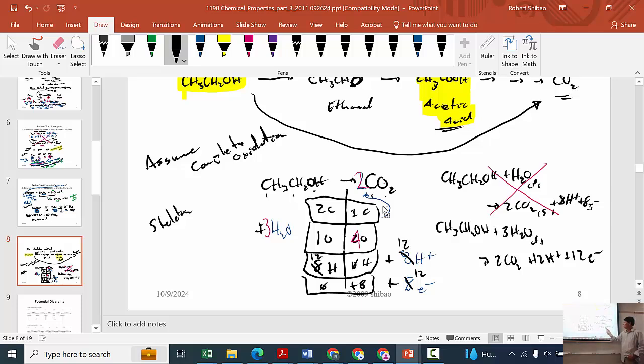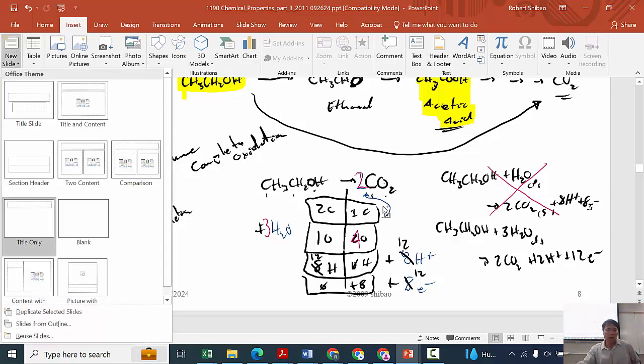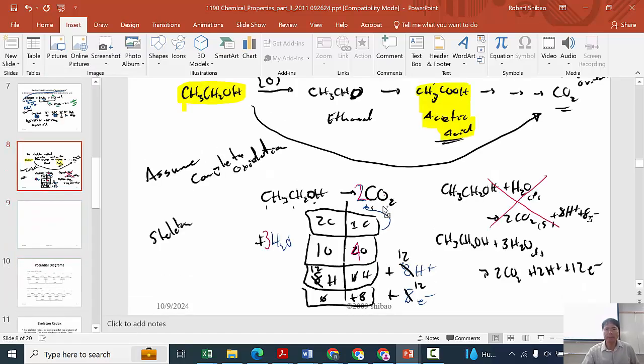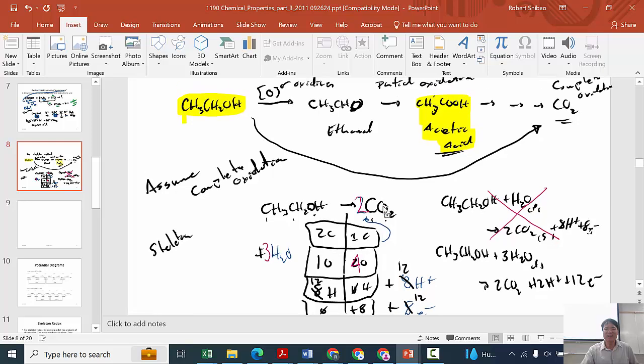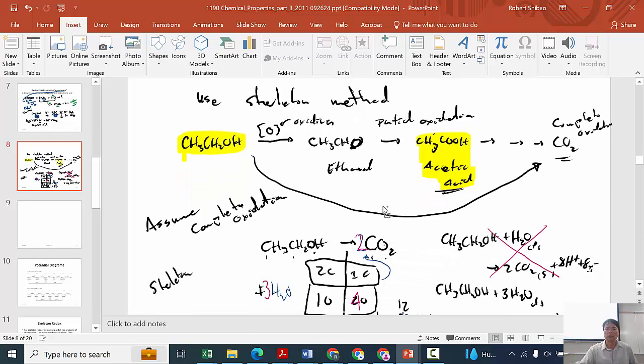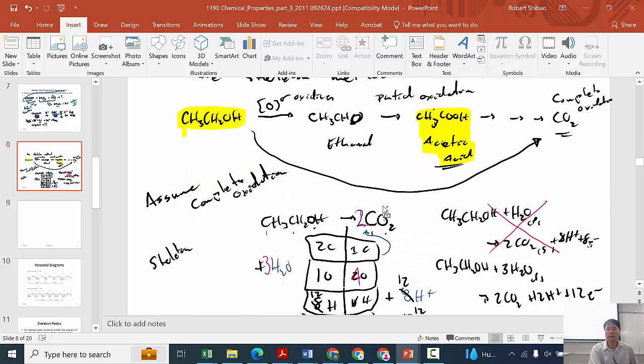12, this is supposed to be plus 12 H plus. So plus 12 minus 12, it's balanced. So this is the balanced equation here. Then we're just going to cross multiply and combine. The permanganate takes 5 electrons, and this gives up 12 electrons. So I'm just going to cross multiply here.